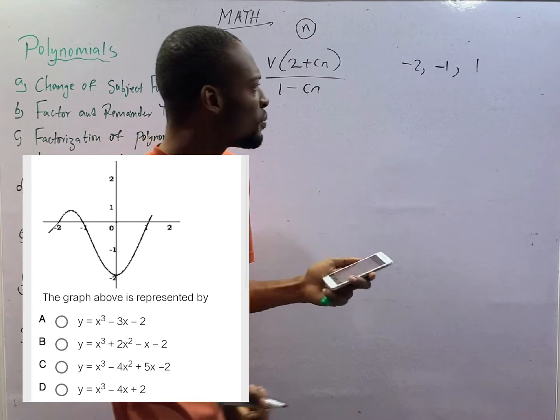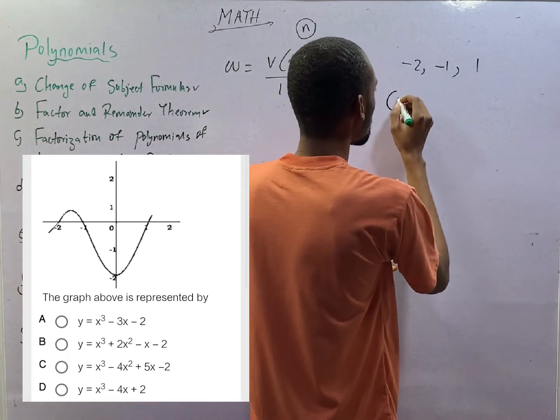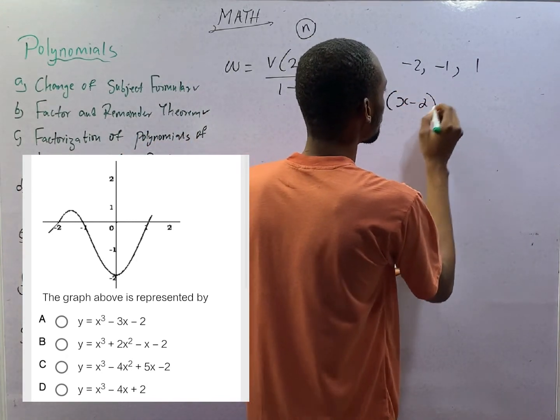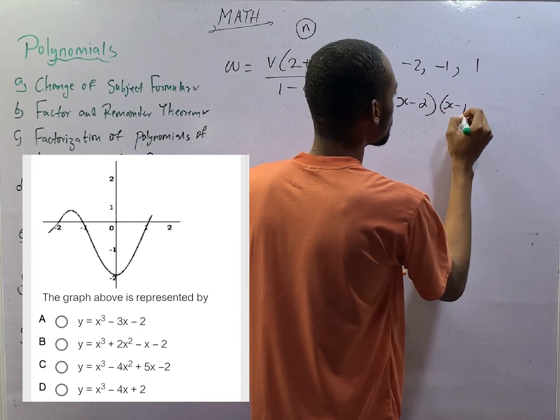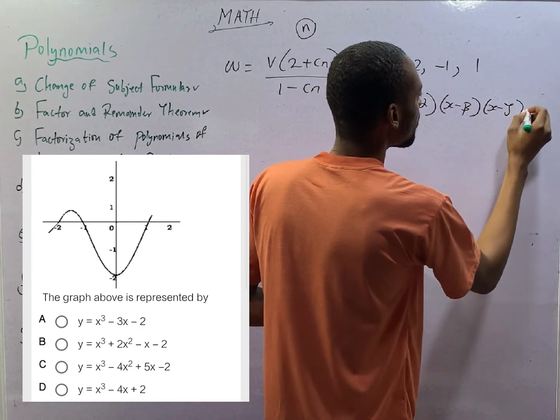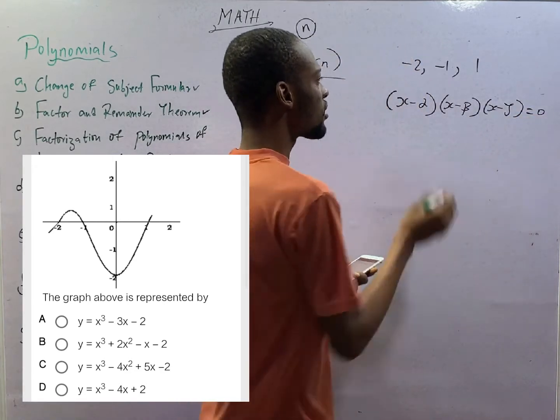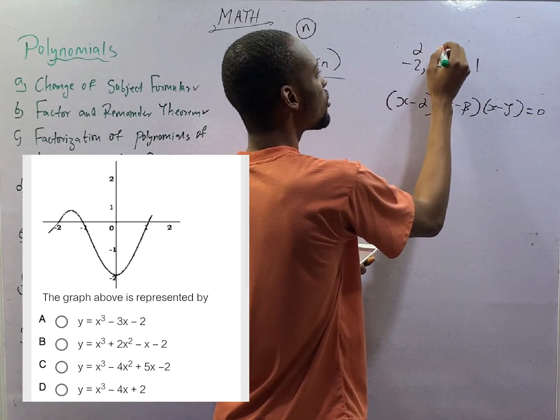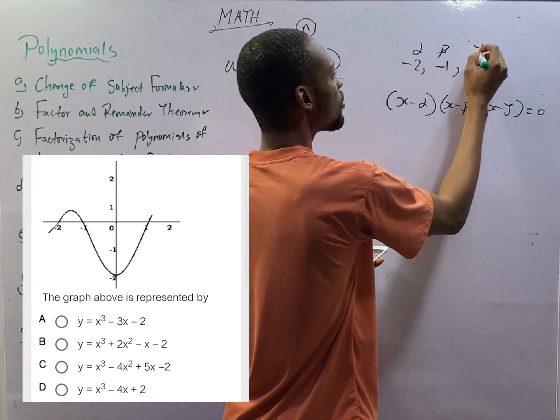For cubic polynomials, we have s minus alpha, s minus beta, s minus gamma equals 0. In this case, we take this to be alpha, this to be beta, and this to be gamma.